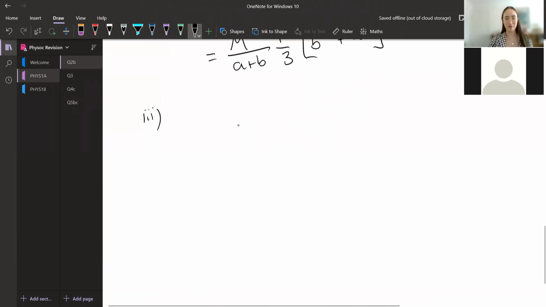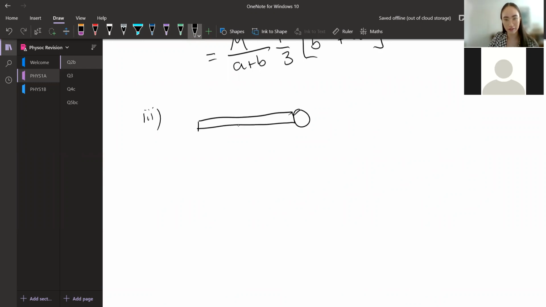So let's just draw out our system. I would highly recommend drawing any systems just in your working out, because it helps to figure out what's actually happening. So we've got this rod, a little ball at the end of it.